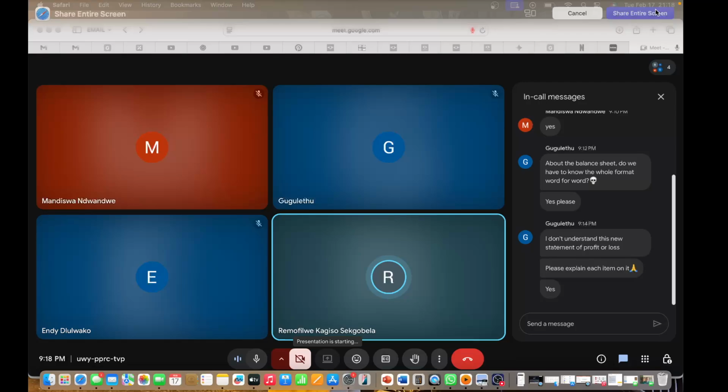Do you guys understand? Mandiswa says understands. The only thing bad here is the change in financial statements. What do you mean by that, Gugu? So that I understand what you're saying.